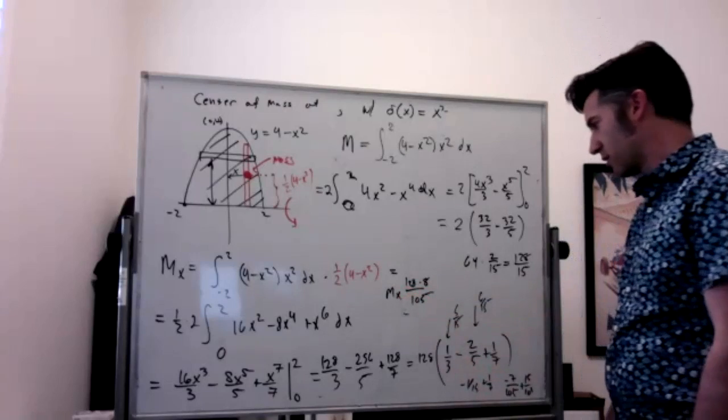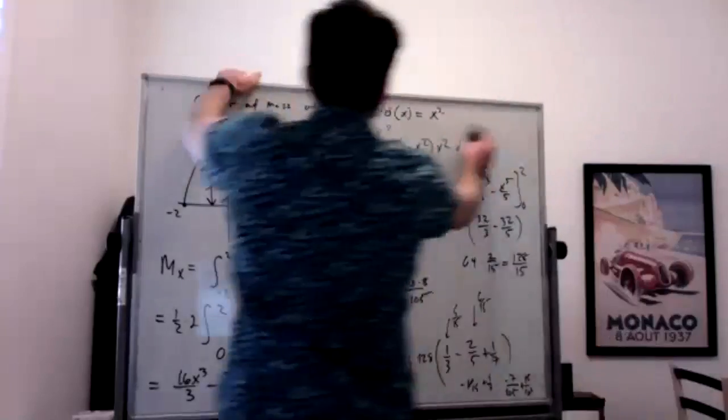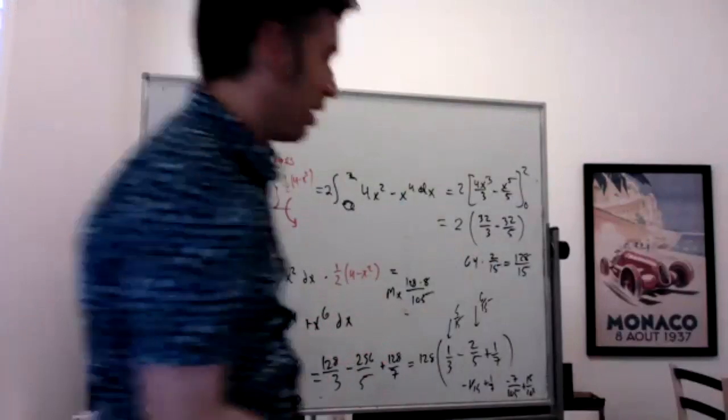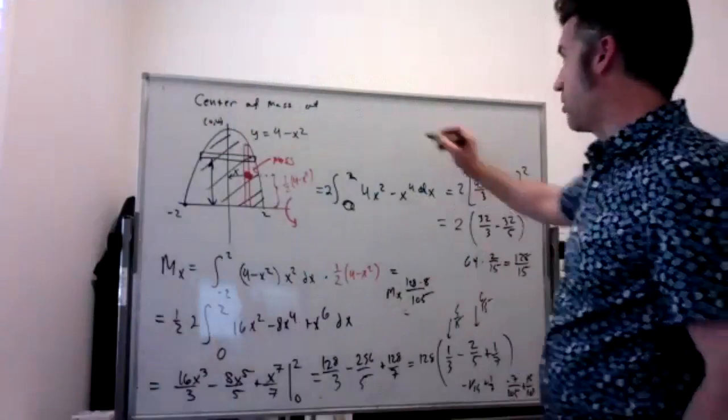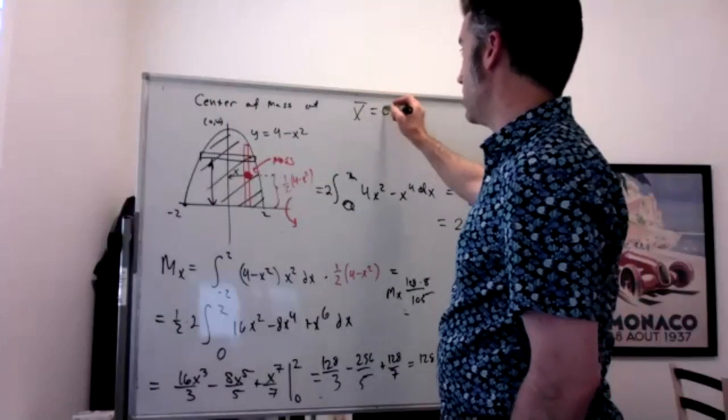x-axis. Okay, and now, finally, I will point out a lot of these moment calculations are terrible. But finally, our center of mass, our x coordinate was 0.